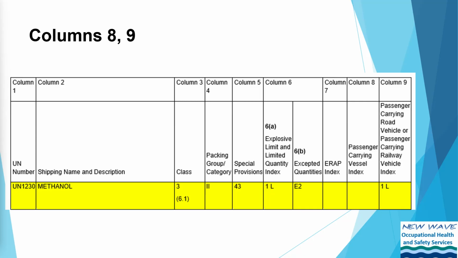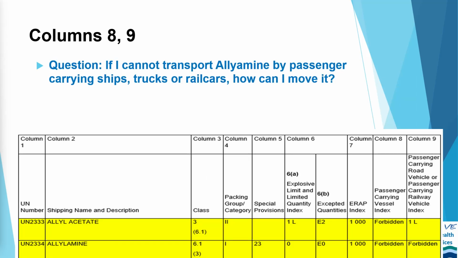However, we are limited to container sizes of 1 liter for passenger-carrying road or rail vehicles. Question now. If you cannot transport allylamine by passenger-carrying ships, trucks, or rail cars, how can I move it? The answer is, don't carry passengers.